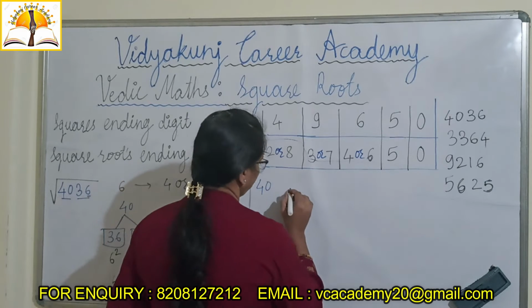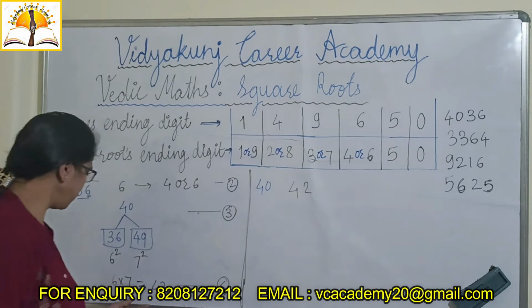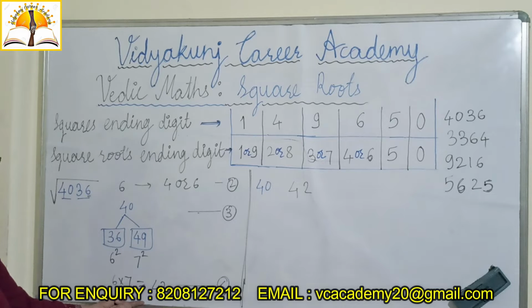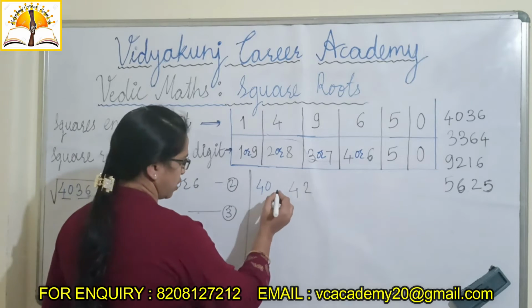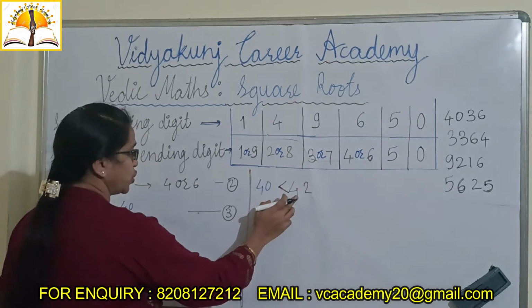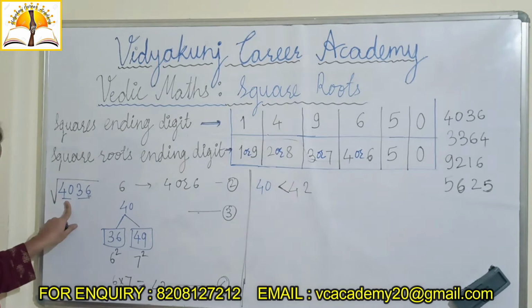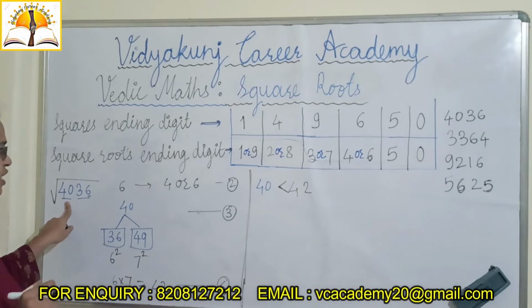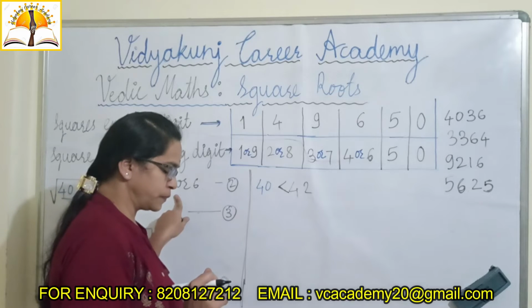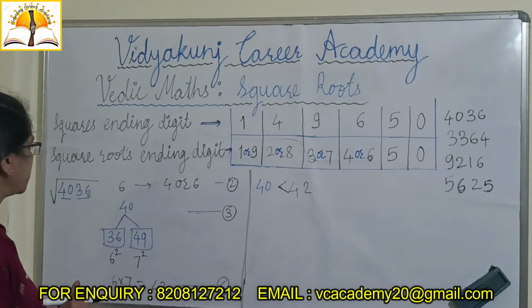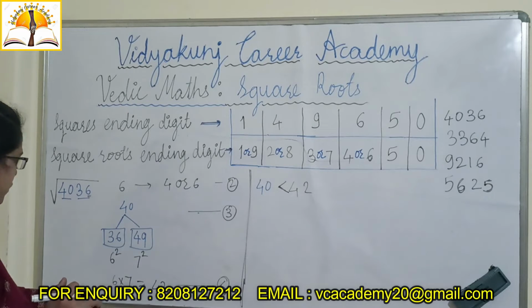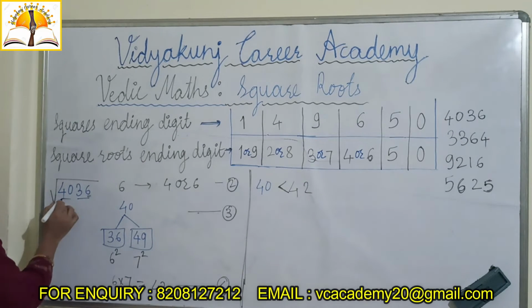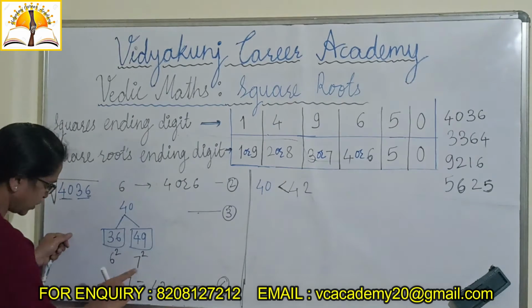Which is the bigger number here? 42 is the bigger number. 42 is bigger than 40. 40 is smaller, so I have to take the smaller number, 6 or 7.